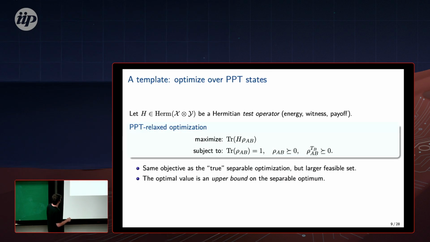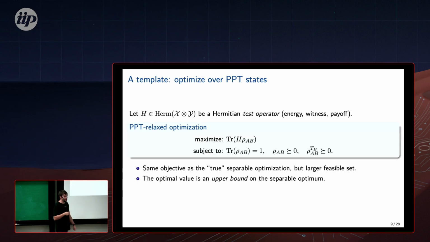So what does it mean? Let's say you want to optimize over separable states. We have no idea how to do that, but SDPs come to our rescue. Let's say you want to optimize your favorite observable H, say the energy or whatever it is, over the set of separable states.